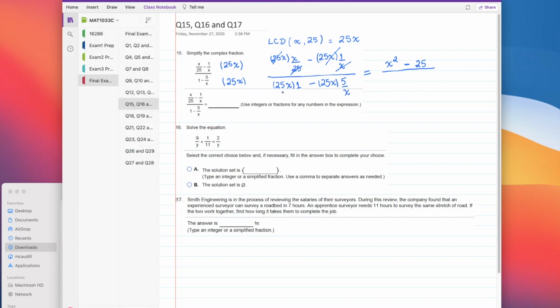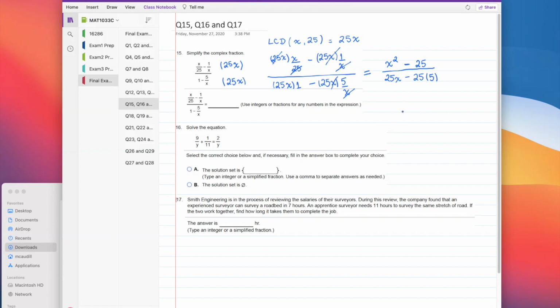Now the denominator, 25x times 1 is 25x. And here is 25x times 5 divided by x. So this x with this x, because everything is multiplying, then you can simplify x divided by x is 1. And then you have negative 25 times 5.